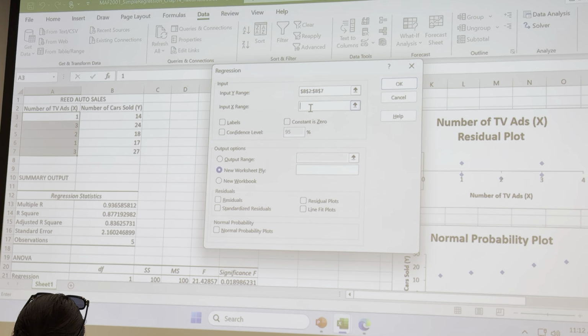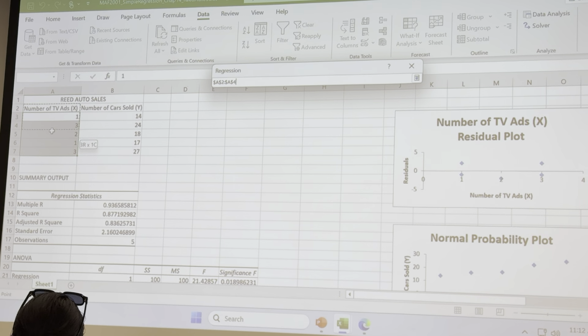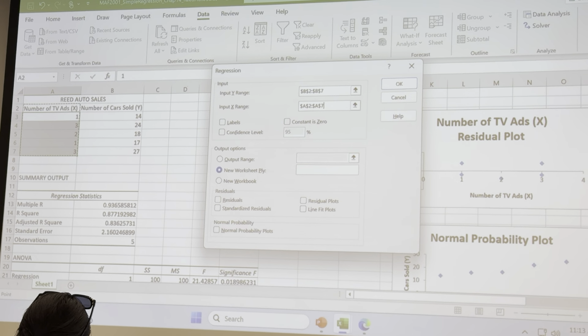And then the next one is number of TVs. Over here you enter the data on TVs, and here you enter the data on cars sold.